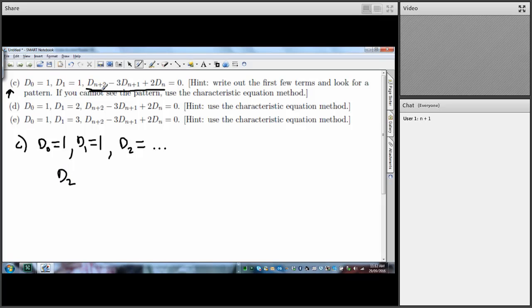And this recurrent relation here basically says that to work out any value, there's a relationship. D2 here is the value we have in mind.